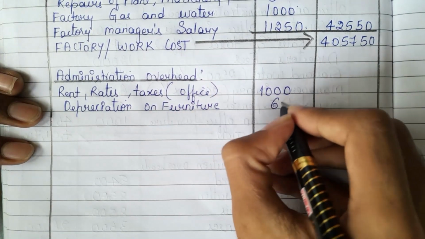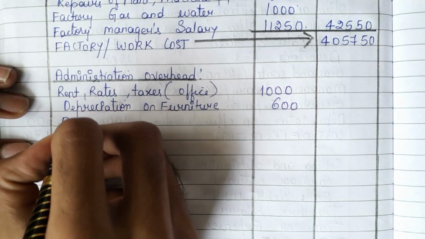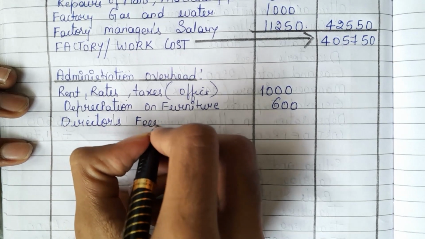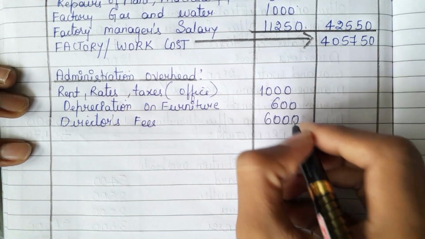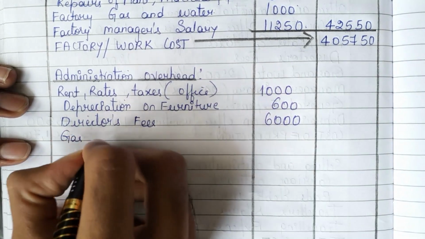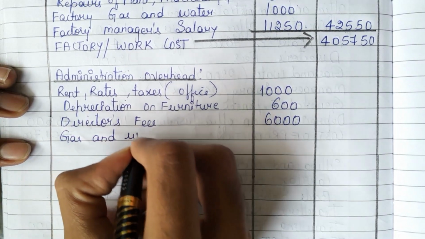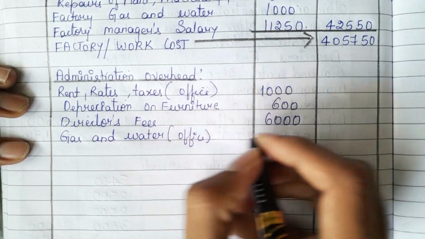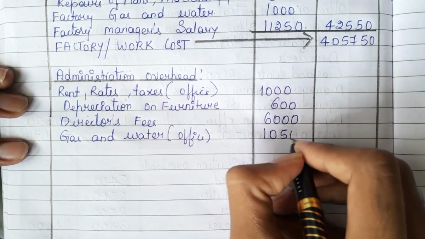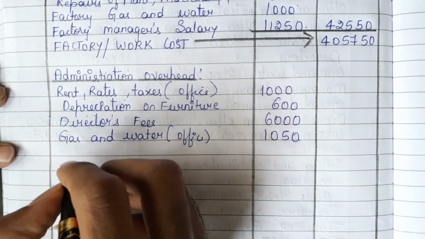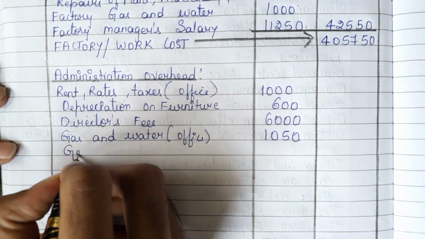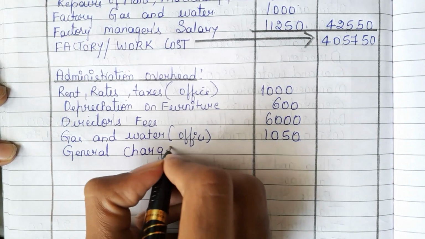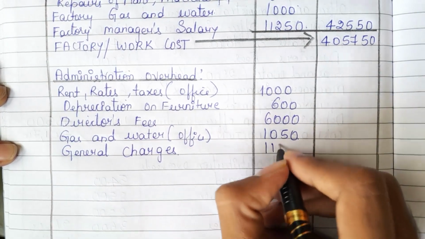It is 600 rupees. Next we have director's fees. How much are the director's fees? It is 6,000 rupees. Next we have gas and water charges related to office. How much is it? 1,050. Next we have general charges. How much are the general charges? It is 11,000.